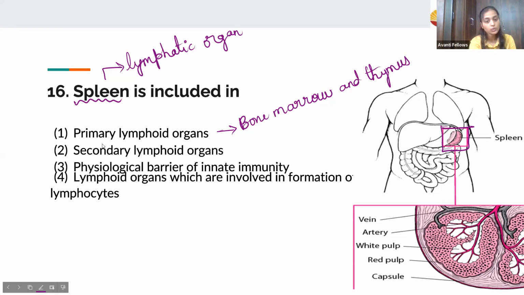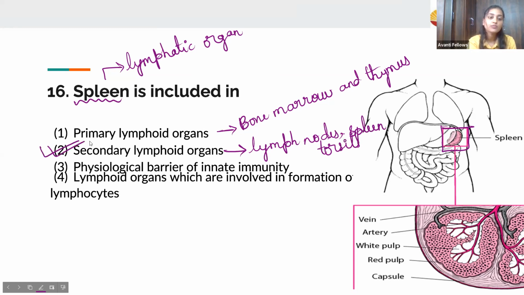So spleen is not included in the primary lymphoid organs, whereas secondary lymphoid organs include lymph nodes, spleen, and Peyer's patches. So spleen is included in the secondary lymphoid organs.